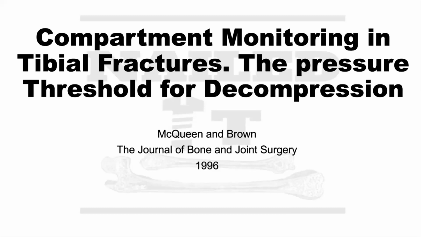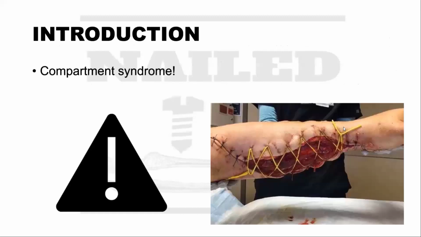It makes sense that we're talking about compartment syndrome in our last foundational episode because it's one of the big topics in orthopedic surgery. It happens when there's an increased pressure in a compartment, which reduces the perfusion of that limb.